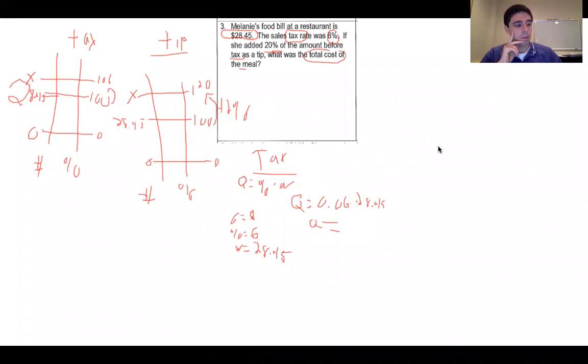Seeing some answers roll in. So I see a couple people aren't sure. What we need to do is multiply 0.06 times 28.45. That will give us our tax.